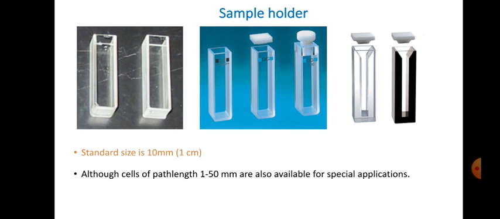Usually the path length of this particular cell is 10 mm, that is 1 centimeter. Most spectrophotometric measurements are carried out with cuvettes of 1 centimeter path length. For special applications or certain kinds of samples or methods, we may require cells with sizes ranging from 1 to 50 mm.